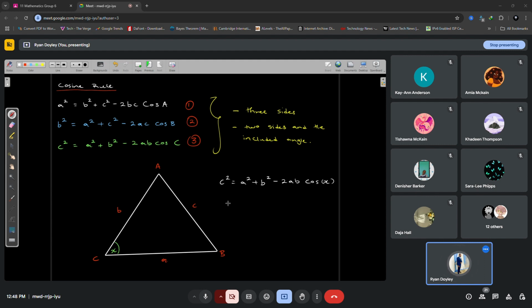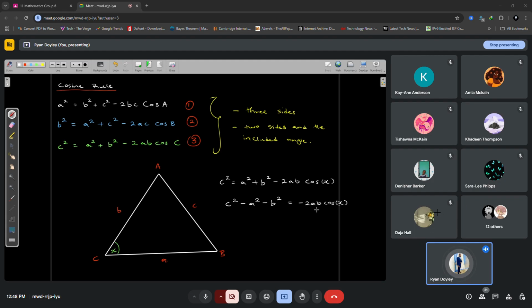So this would become c squared minus a squared minus b squared is equal to negative 2ab cos X. Remember, you don't have to do this part of it. All you need to do is to just plug in the values and simplify. I'm just showing you what the transposed version would look like.